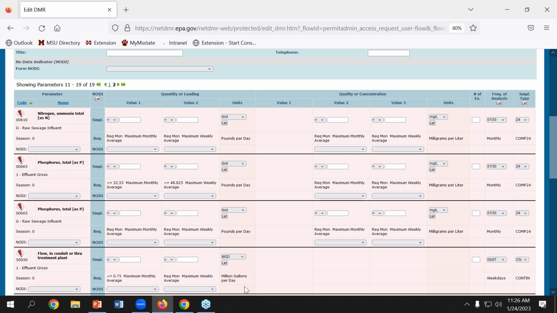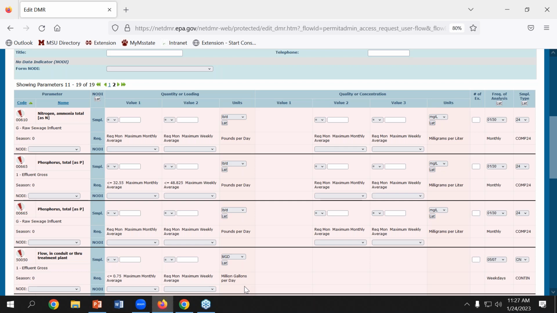Another thing that I mentioned earlier that I would like to stress yet again is that we've talked pretty much about the quality or the concentration, which that information is coming directly off of your sample results from the lab. However, the quantity or the loading, this is information that you'll have to calculate. You'll calculate that based on the flow on the particular day and time that the sample was collected.